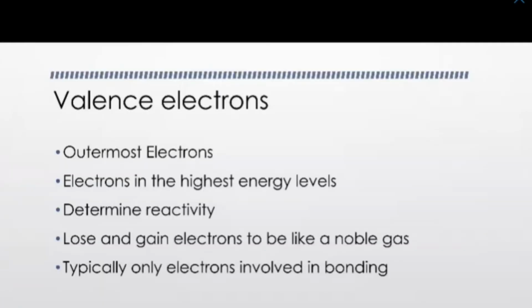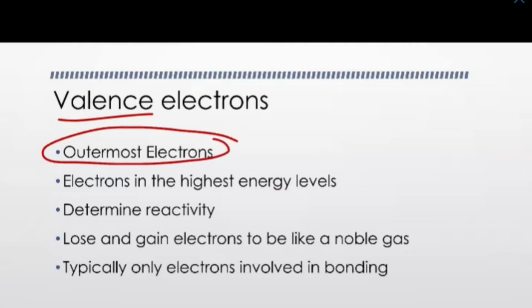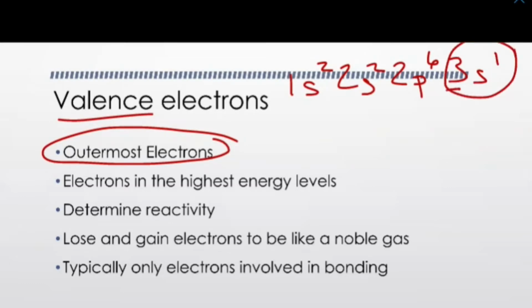So when we're talking about the electrons that are given and taken, we're specifically talking about the valence electrons. These are the electrons that are on the outermost rings. So let's say sodium is atomic number 10, 1s2, 2s2, 2p6, 3s1. I'm sorry, it's atomic number 11. This last electron here with the 3, that's going to be the outermost electron.